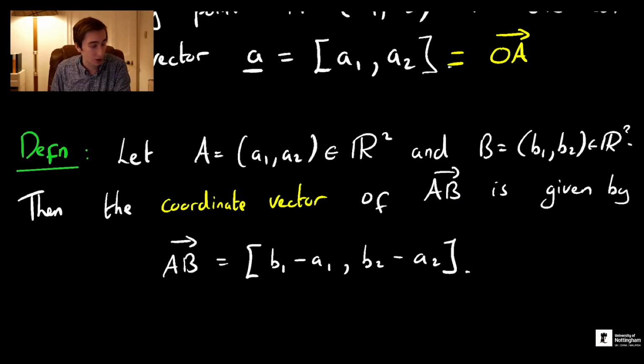Again, notice the distinction between the square brackets, which represent a vector, and the round brackets, which represent points in our space.